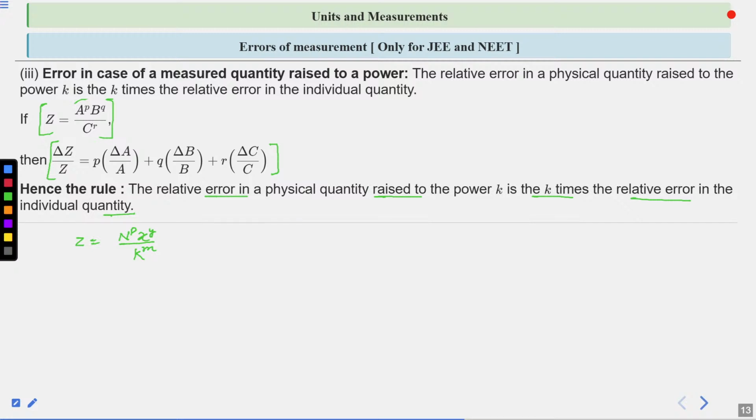What is the answer? There are so many students. Please solve. What is the answer?